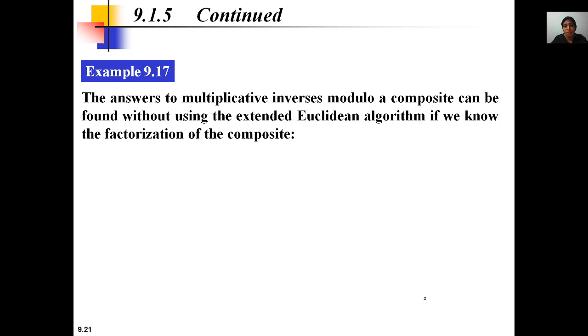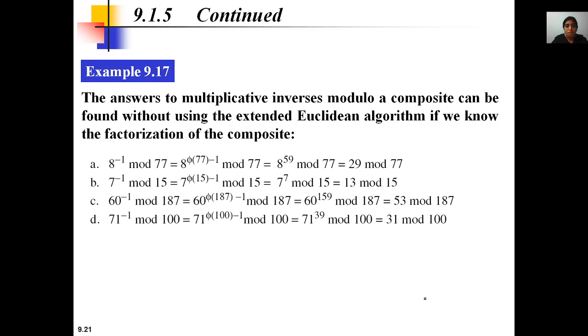Then coming to the multiplicative inverses for composite values, without using the extended Euclidean algorithm, you can find using phi of n minus 1. When you are finding the phi of n value, that means this is the Euler totient value. How are we going to find it?